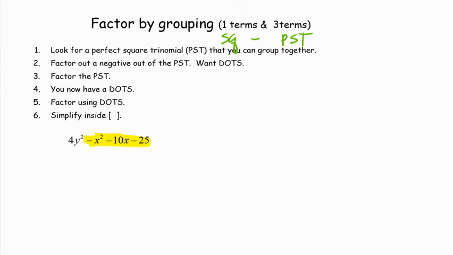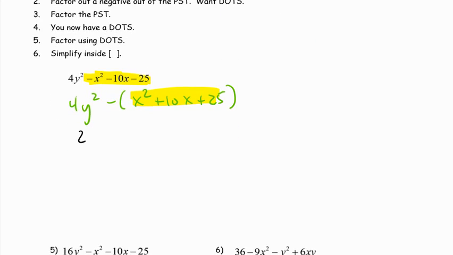So in this first example, I have to factor out a negative, change all the signs. Now I have a perfect square trinomial minus from the squared. So I'm going to have 4y squared minus, and this factors 2x plus 5 squared.